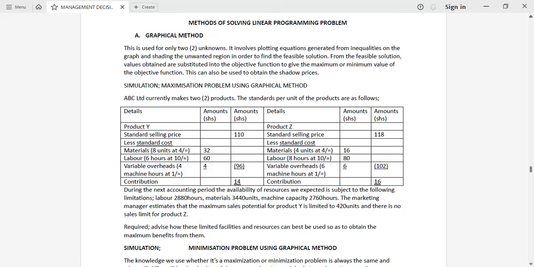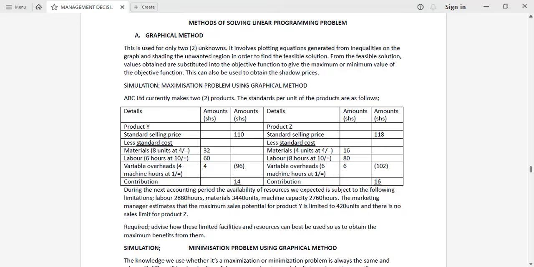So for the graphical method, you can start with that one. The graphical method is used for only two unknowns. In other words, when we have only two limiting factors. When we exceed two unknowns, we don't apply the graphical method. The reason why we don't exceed two unknowns is that we are going to be using a graph.